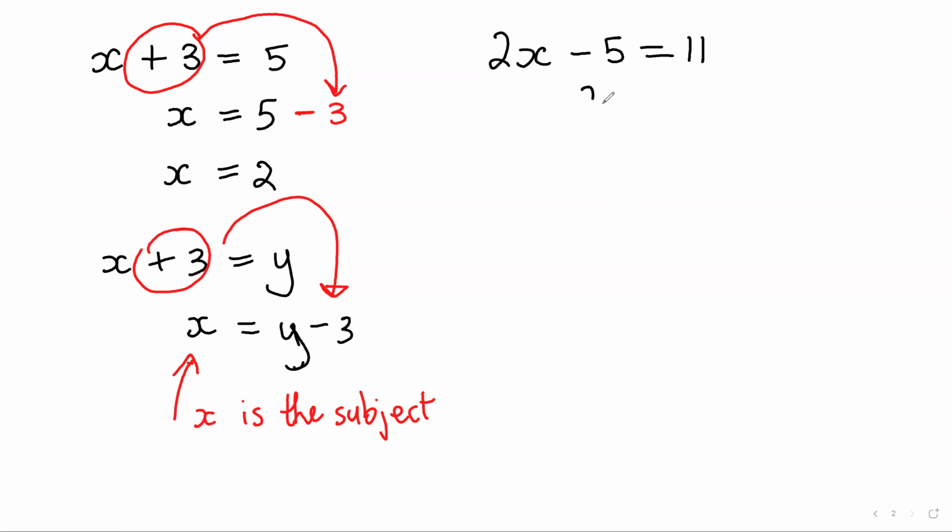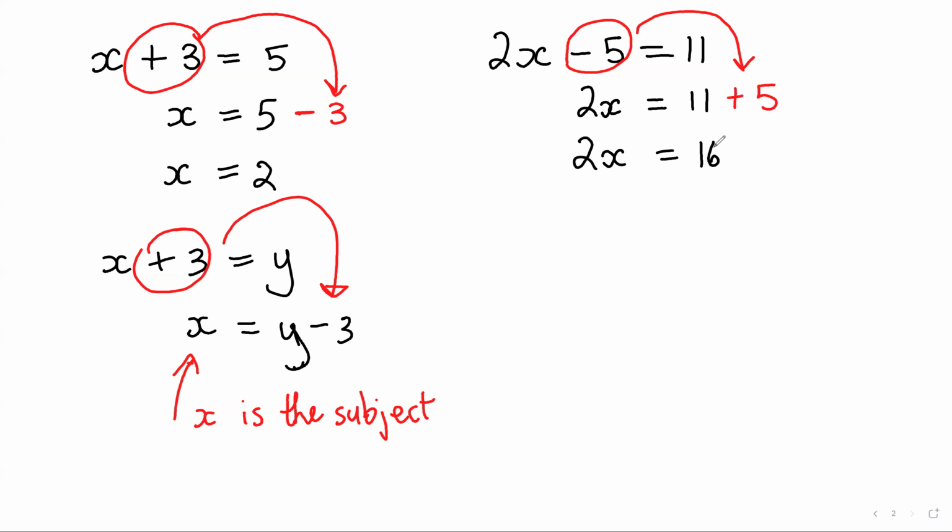So I'll just end up with 2x on the left-hand side is equal to 11. And since this is minus 5, when I transpose that to the other side, it becomes plus 5. So I have 2x is equal to 11 plus 5, which means that 2x is equal to 16.